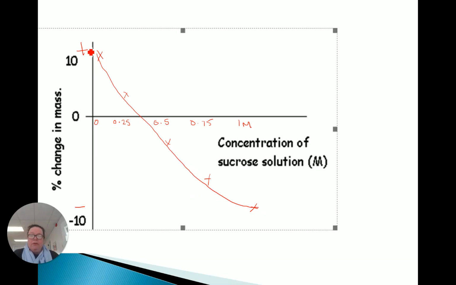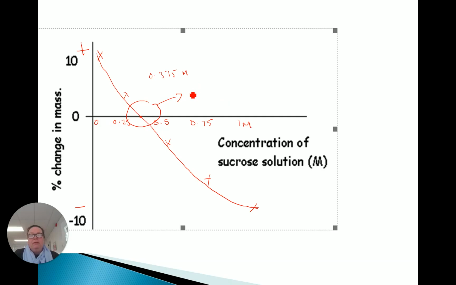Okay, not always. Judge on the points when you've plotted them, but sometimes it's a little curve. Now, the other thing they will ask you is, what is the significance of where it crosses the axis? Okay, this bit here. In this case, it's about, I would say, 0.375 molar. That's where it crosses. So at that point there's no increase in mass, and then there's no decrease in mass.